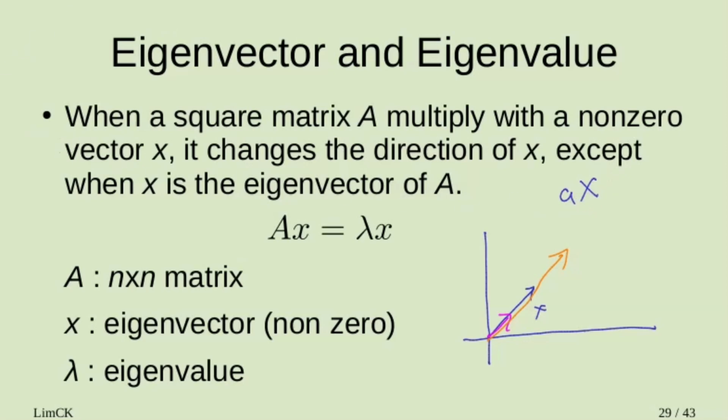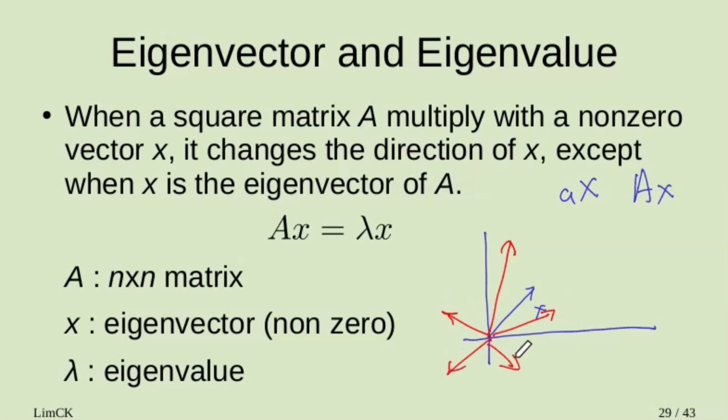But we can also multiply the vector with a matrix. Let's say we multiply the vector with the matrix A. If we multiply the vector with A, most probably the vector will change to another direction. Maybe this one, maybe this one, or this one.